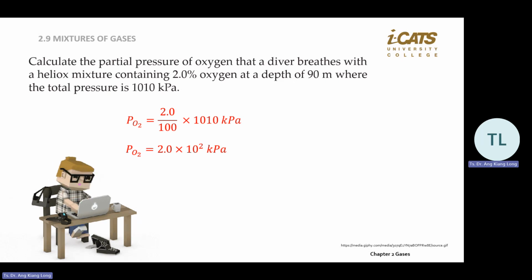Then you will get partial pressure in kilopascal. You don't need to write in 10 power something if the number is too low. You can straight away write 200 kilopascal, also correct. Right?